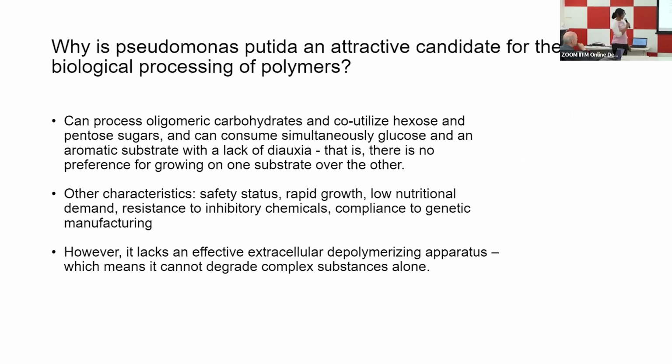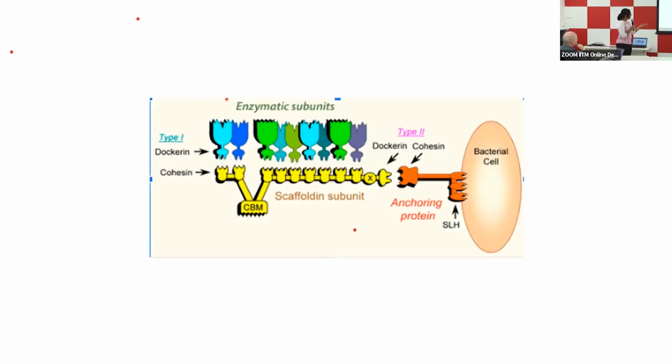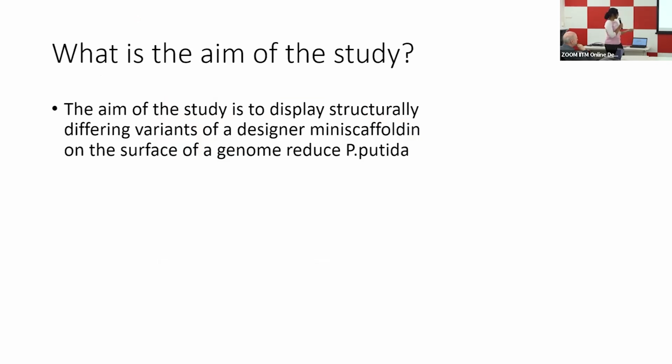However, it does lack an effective extracellular depolymerizing apparatus, which means that it cannot degrade complex substances alone. So our aim in this paper is to give it an extracellular apparatus to degrade this carbon matter.